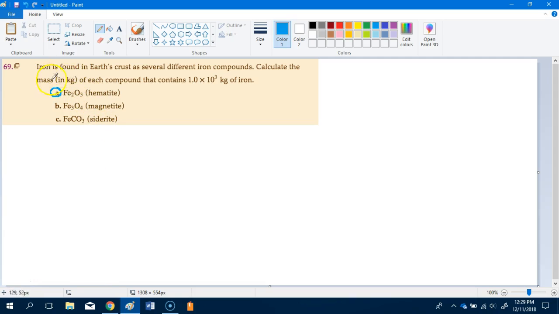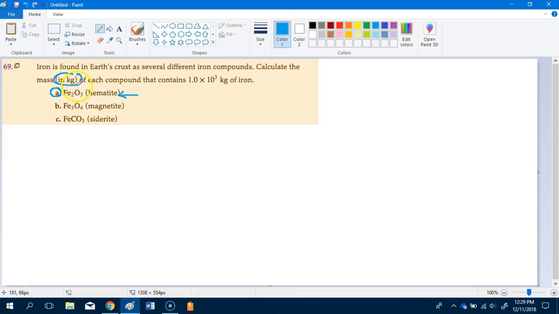And we're going to calculate the mass in kilograms of this compound if you're given 1 times 10 to the 3 kilograms of iron. So you're given the iron piece but not the oxygen piece. Can we say what the final mass of the hematite is going to be?